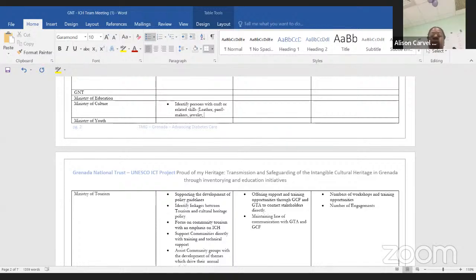So how we're going to do that, we're going to do some interviews, some documentaries, and we're going to record it, and use different mediums to share it. We're going to use social media, we're going to use GIS. We are planning to visit Petit Martinique in June, hopefully, and Carriacou later on in the year.